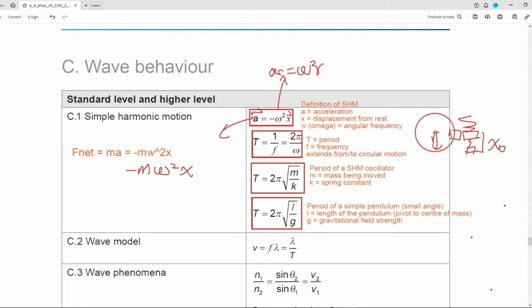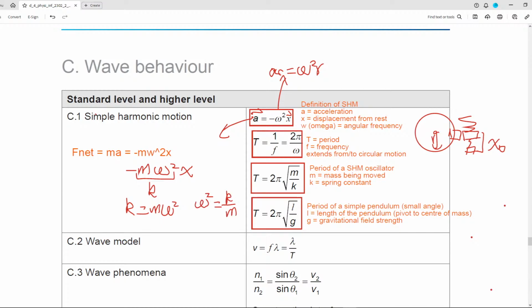That's important because if we treat F net as spring force by Hooke's law, we can actually call this the spring constant. So that's K. That means K equal to m omega squared, or omega squared equal to K over m.